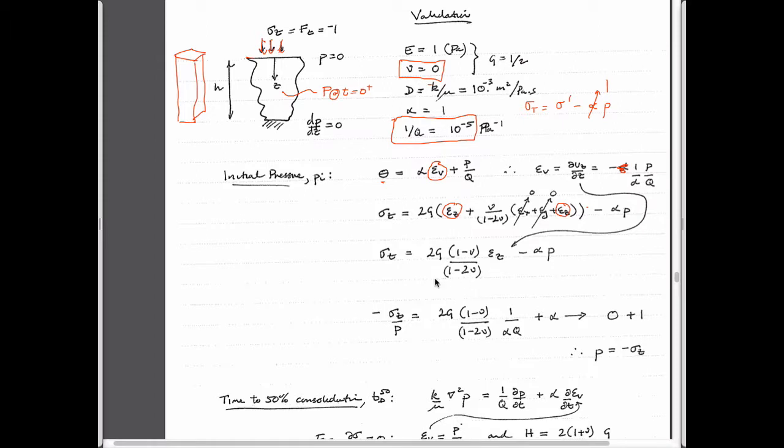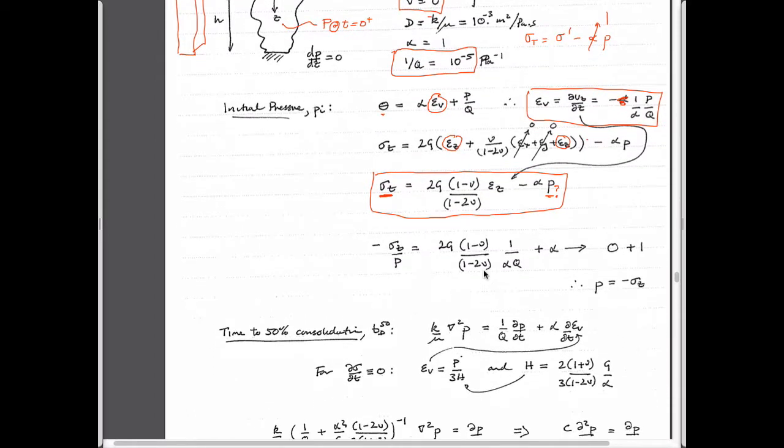And we now get an equation that includes the stress that we're going to apply to the system, the fluid pressure that we'd like to figure out, and the magnitude of the strain that might go into it. We know the magnitude of the strain from this, so we can substitute in here.